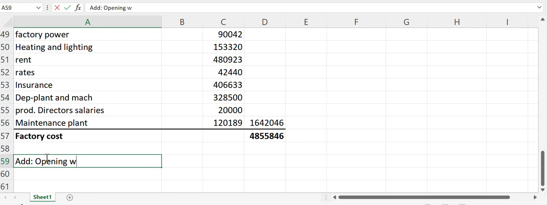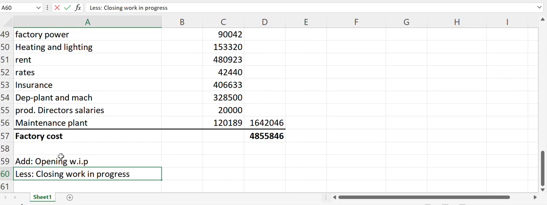opening work in progress, then you less closing work in progress. For consistency, let me write the name work in progress in full. Yeah.